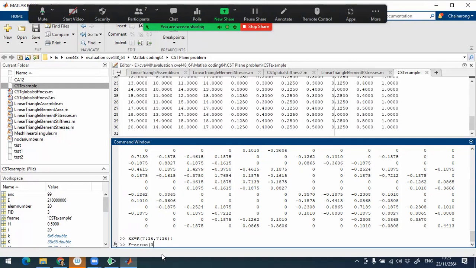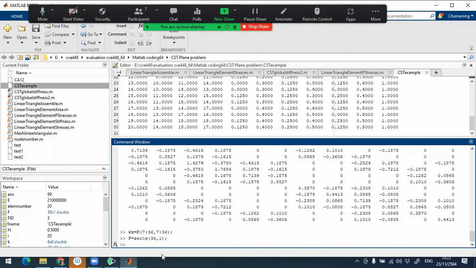It should be composed of 36 numbers, because for this problem it has 18 nodes, 2 degrees of freedom per node. So then we have the total nodal force equal to 36 members, right? This is for the global one.